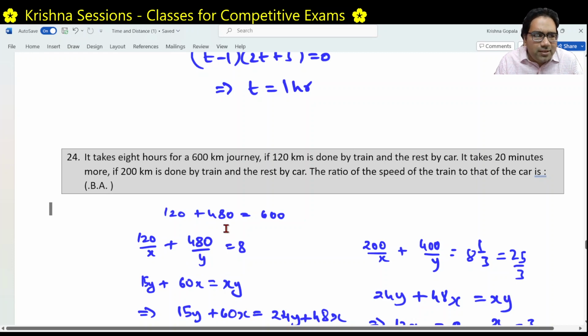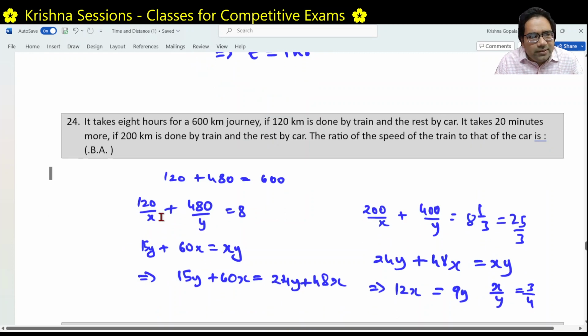So this time plus this time is equal to 8 hours. Okay, let's simplify this. 8 goes in both sides, right? 8 15 times is 120, 8 60 times is 480. So 15y plus 60x equal to xy. Let's keep it like this.